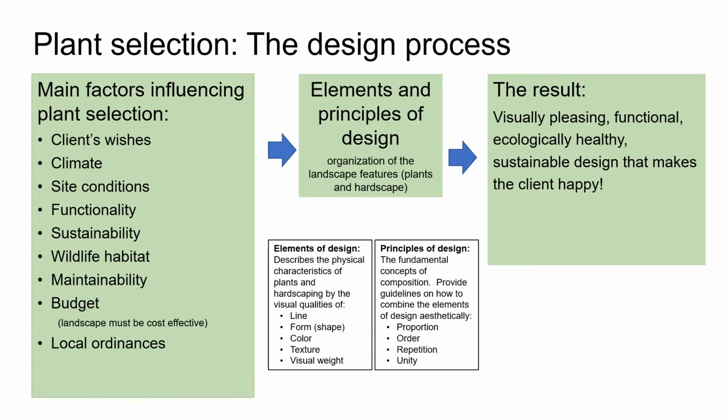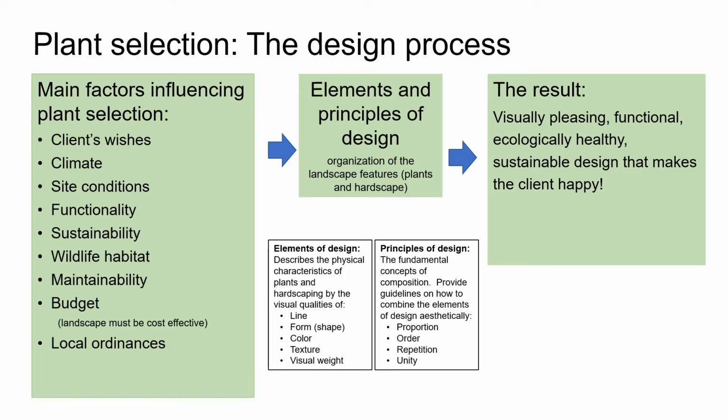The design process starts with us finding out the client's wishes and how they use or would like to use their landscape. Usually we do this with a combination of a client questionnaire and at least one in-person meeting. We also usually do a site evaluation in order to assess all of the factors that will influence plant growth and factors that will influence plant selection.